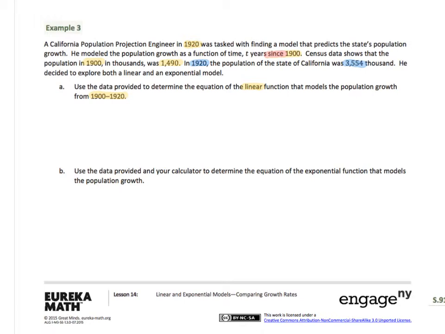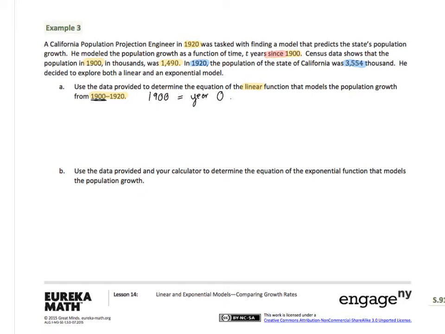Now, this is a very, very important point here. We are starting in the year 1900. So we're not just going to use 1900 as some x value; this is going to start at 1900 as year 0. So 1900 will be treated as year 0.